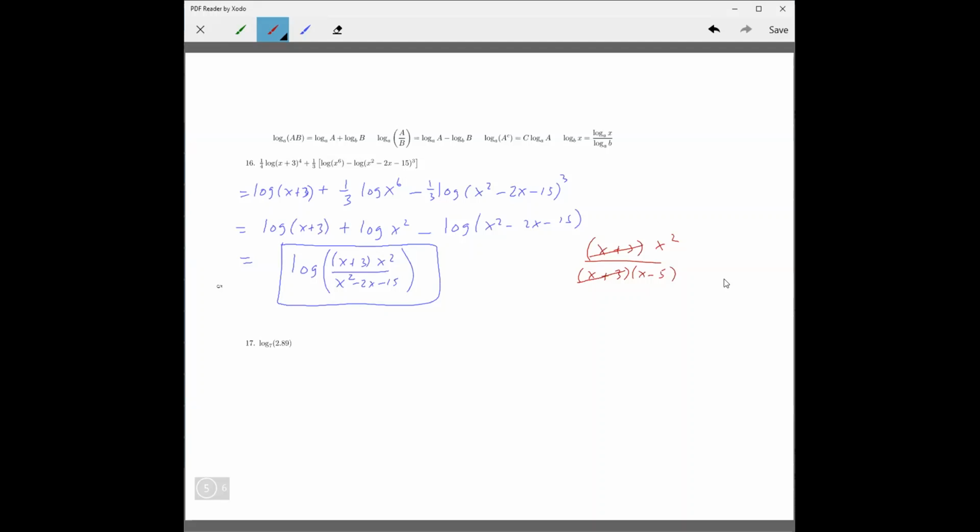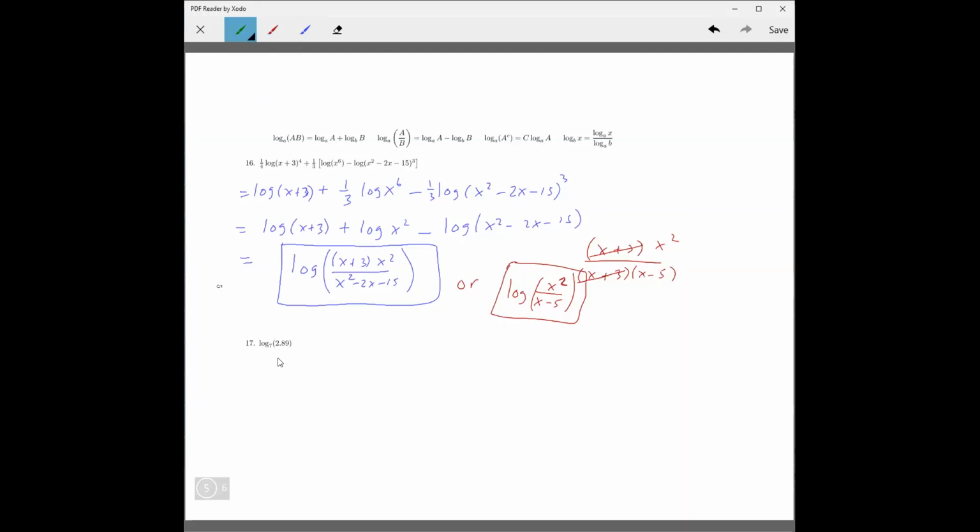Yeah, that works. It also works as an answer.